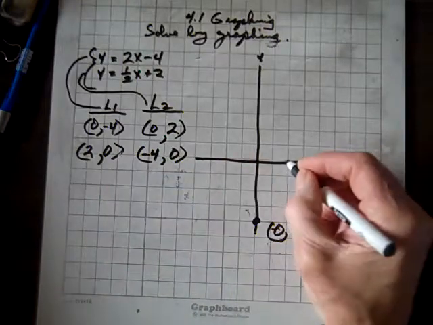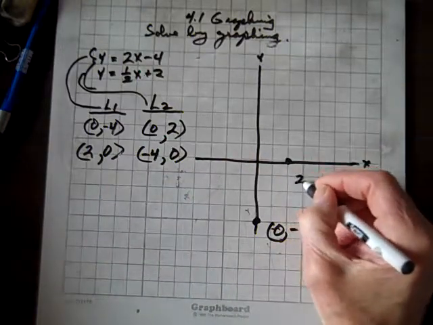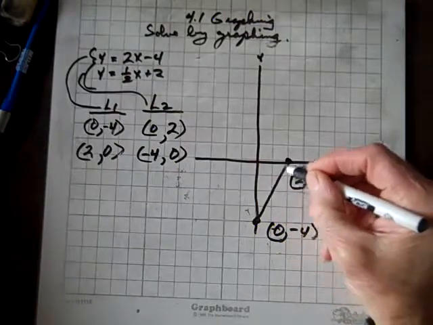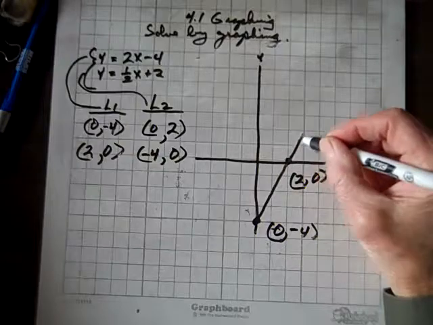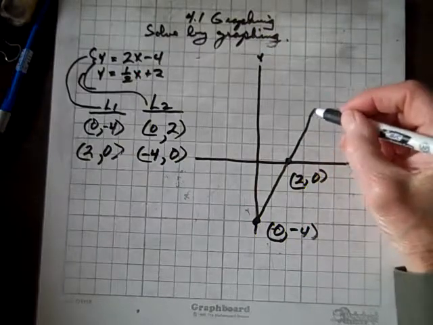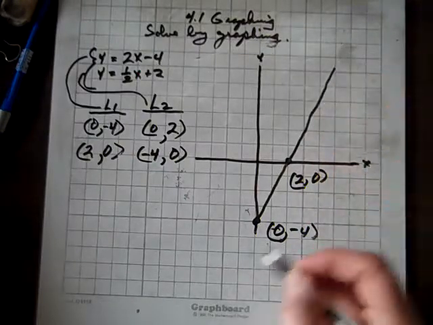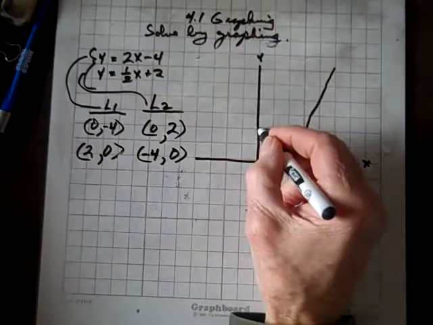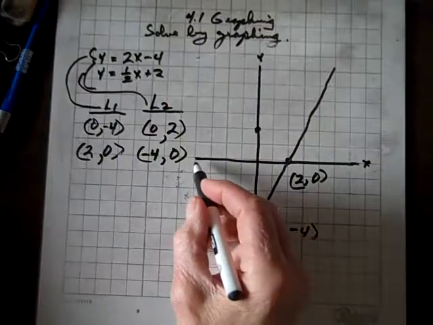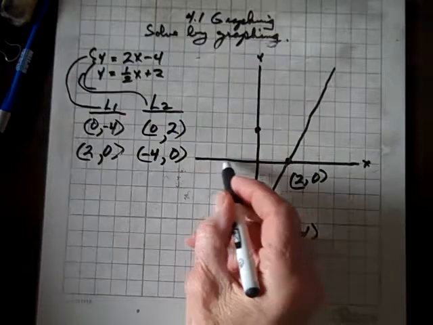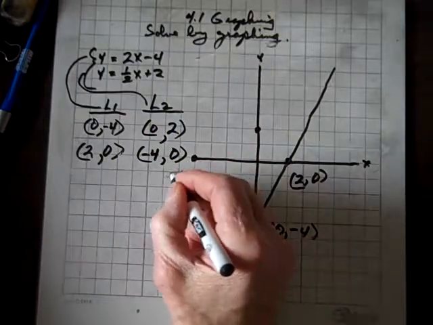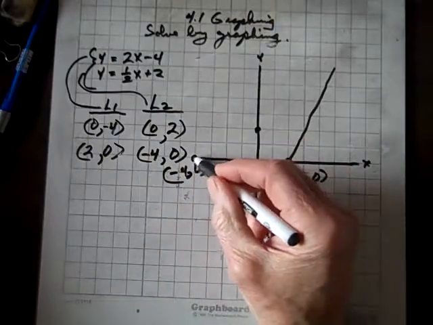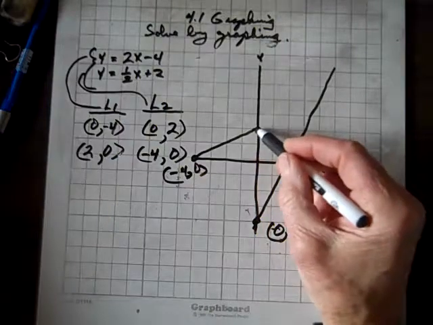And the other point is 2, 0. Here we are at 2, 0, and I'll draw a line through those 2 points. And there's our line. Now let's do the next one. We're at 0, 2 as the y-intercept, and negative 4, 0. Here we are at negative 4, 0. Now we'll draw a line through those 2 points.